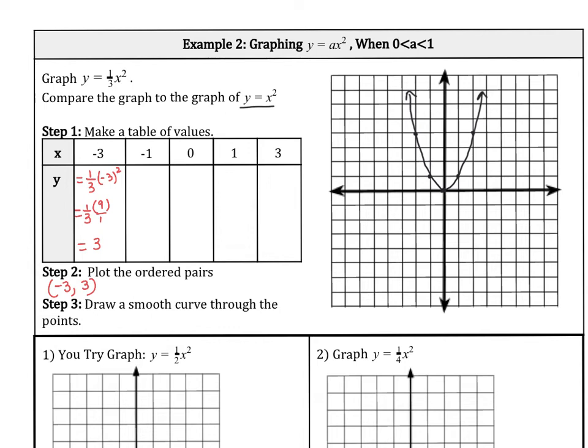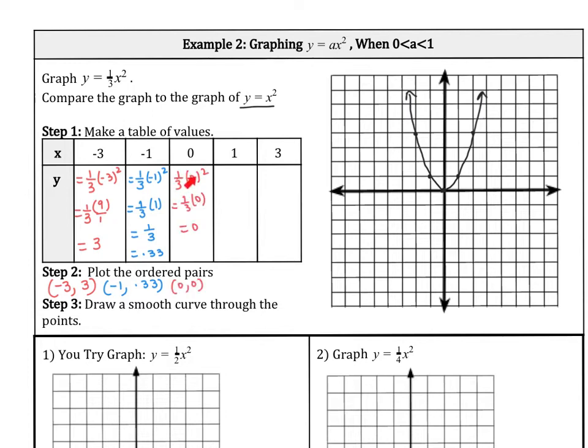Next I'm going to use the x value as -1. 1 over 3 times 1 is going to give me 1 over 3, or 1/3. It is also 0.33. So my next point is -1 comma 0.33.